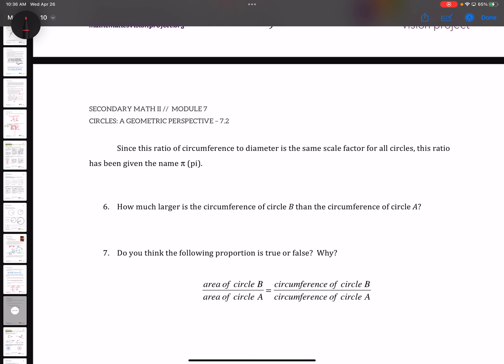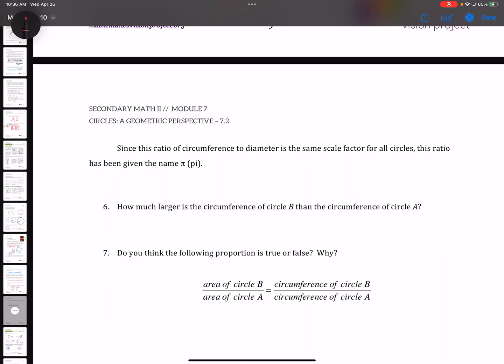It's not increasing, it's a constant. Pi itself doesn't increase, but our approximations of pi do as you get more and more exact. Anyway, pi.